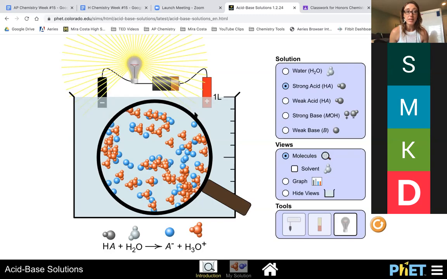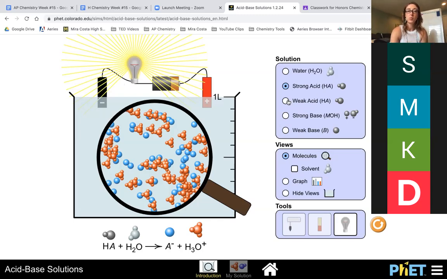And what you need to complete that current is charges, flowing charges. Okay, so if I have these ions in here, these positive and negative ions, those are flowing because they're in the liquid phase, right? And so it completes this circuit and makes the light bulb light up.